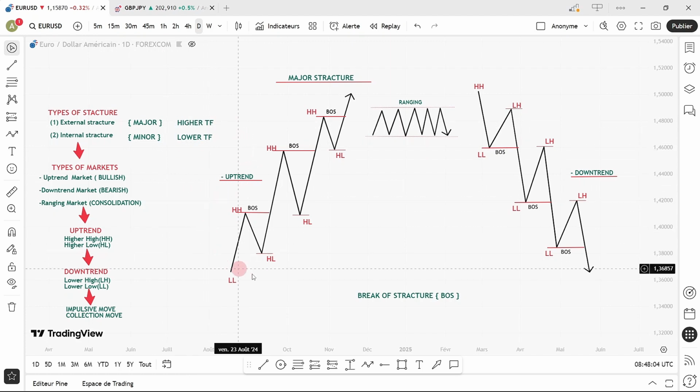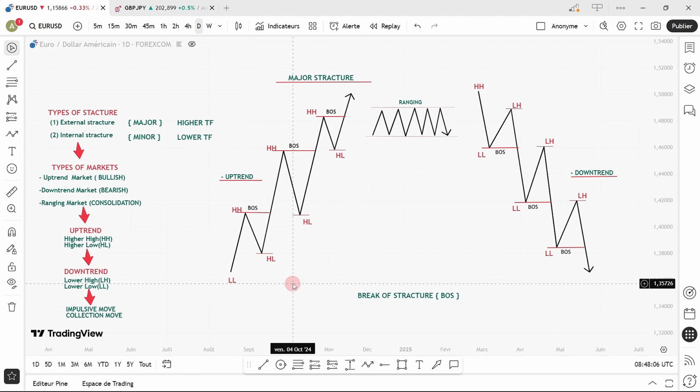So how do we know that the market is communicating to us, that market structure is telling us a story? Market structure moves in 3 behaviors. Prices are either moving up, down, or ranging, not going anywhere at all.